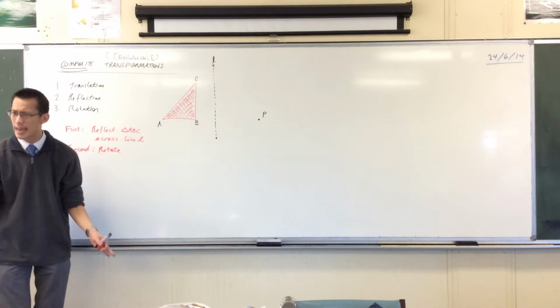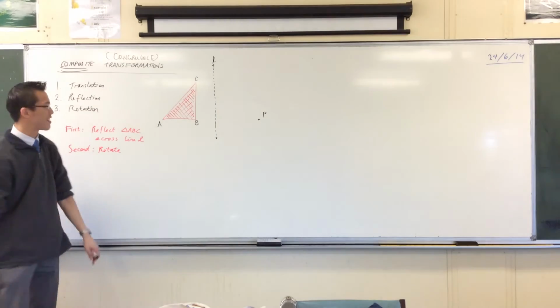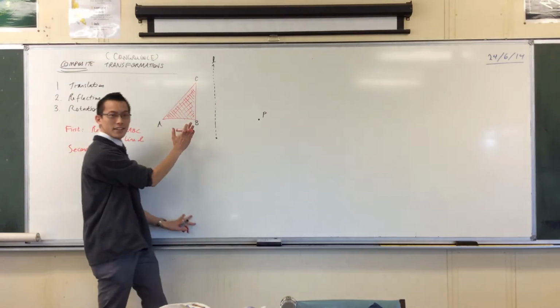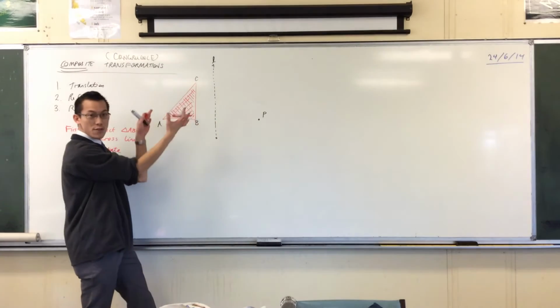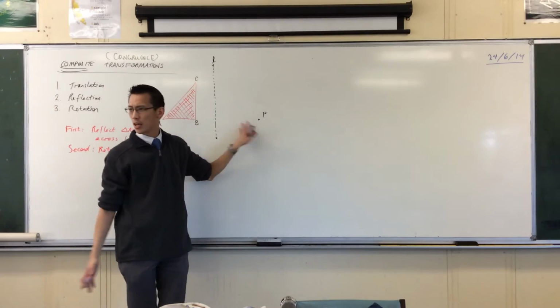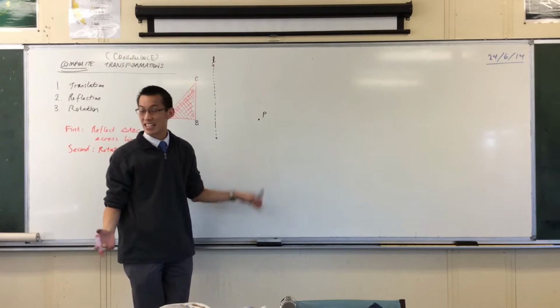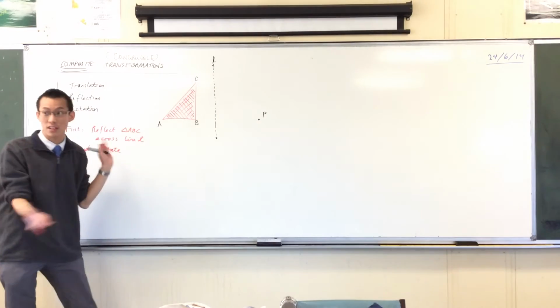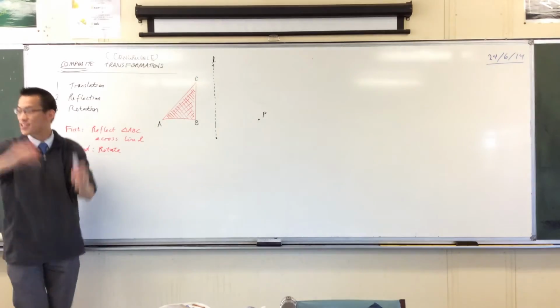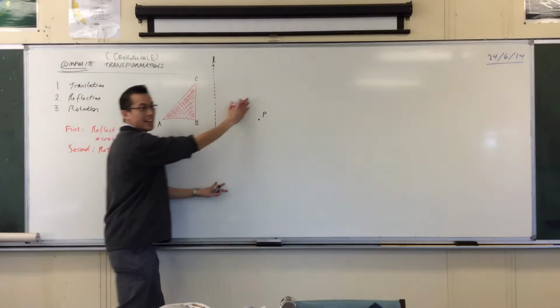Now, do you remember I said at the very end of the lesson that when you've got a shape and it's been transformed, you've got the original, and then what's the thing called after you do the transformation? The image. The image, very good. We're going to get the image over here, okay?